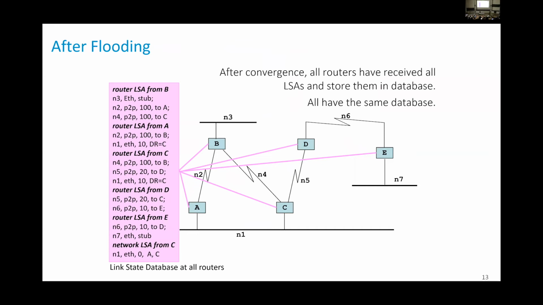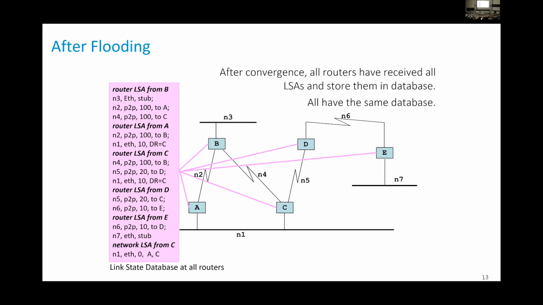At the end of this process, all routers will do the same, and all routers will have all the information that is shown here. That's the topology database, also called the link state database, at all routers. So all routers will have the same. B knows, for example, the information it knows already locally, but it has received this information from A, from C, from D, etc.